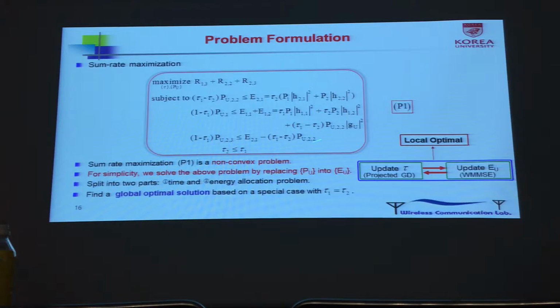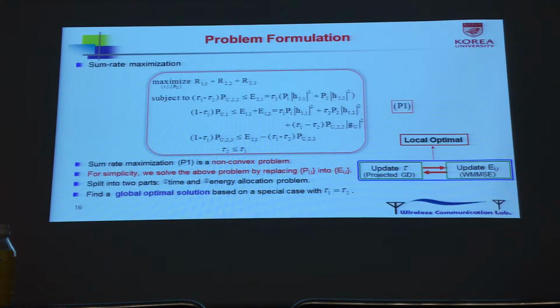Based on several constraints, this constraint mainly comes from the fact that each sensor node can transmit energy only when the harvested energy is sufficient to transmit a certain amount of power. So those constraints come from those facts.